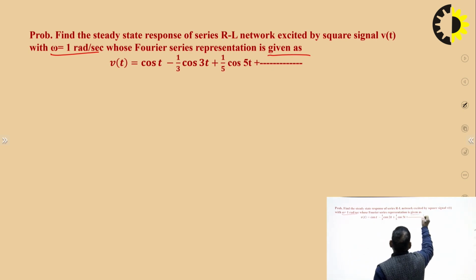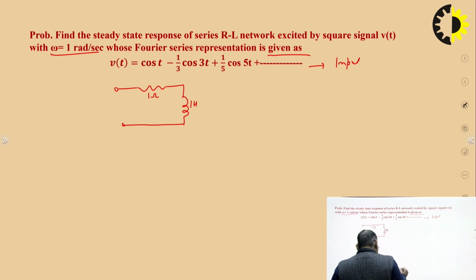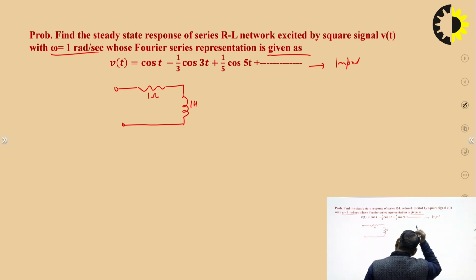This is your input, and the network is series RL. This is your resistor, this is your inductor, with values of 1 ohm and 1 Henry. Now we have to find the response.